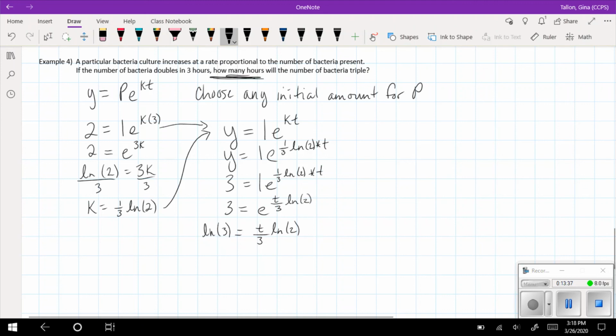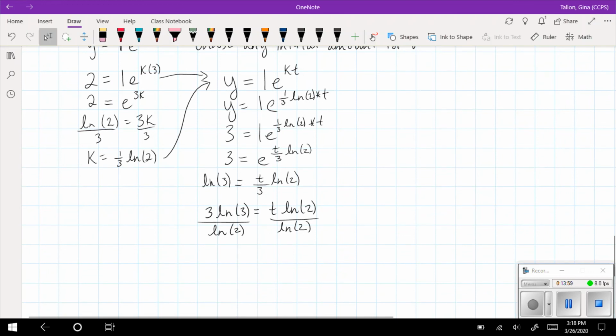Okay, multiply both sides by 3 to eliminate that fraction, and I have 3 natural log of 3 is equal to t natural log of 2.